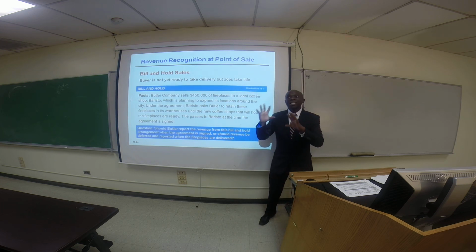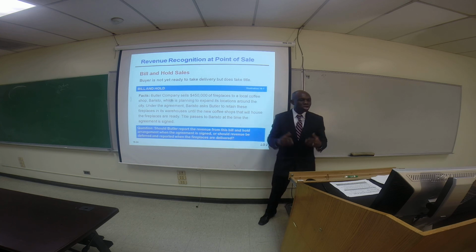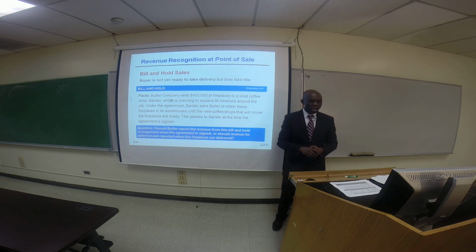The stoves need to stay right here, but we are going to make full payment and we are going to pick up later. In such circumstance, Home Depot does not have any risk because you already paid for it. They are just holding on to those stoves in their storage space. So that is a bill and hold example.